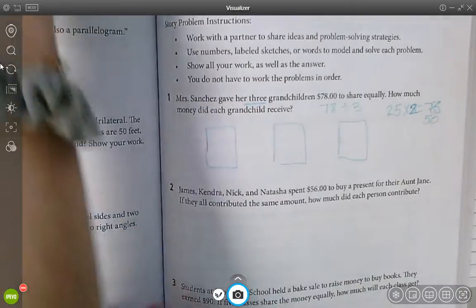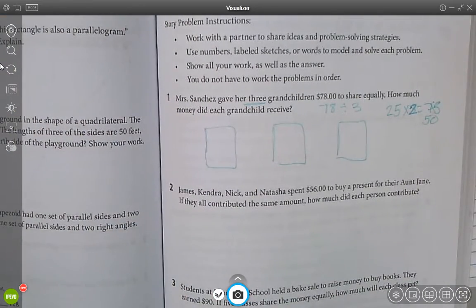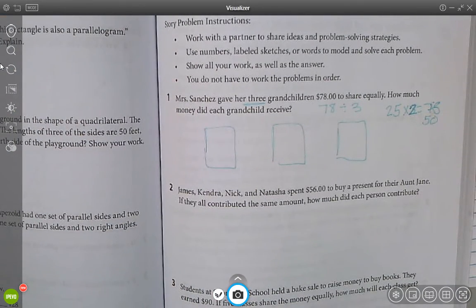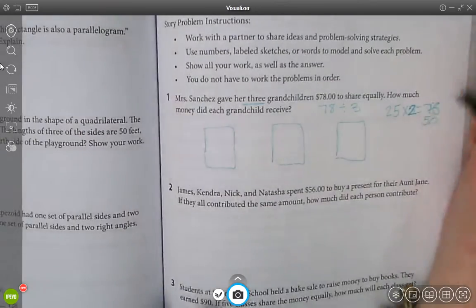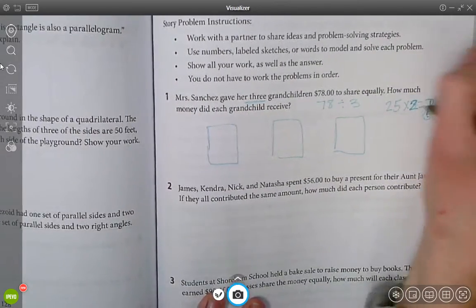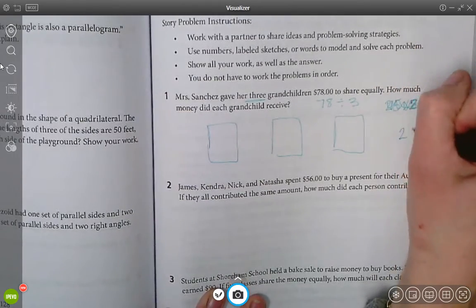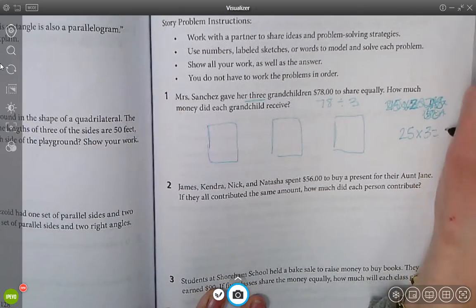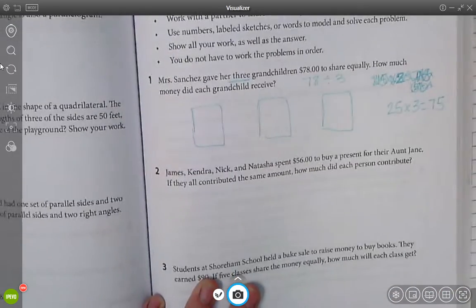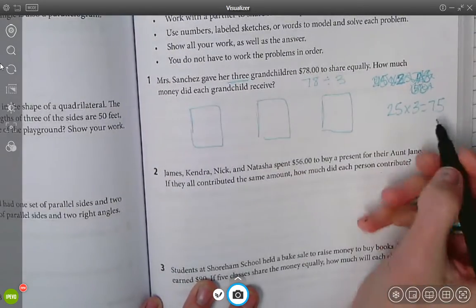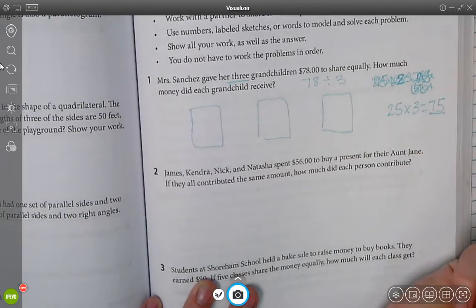Why am I blanking so much on this? Yeah, I was right. I don't know what I was thinking. So sorry, guys. So 25 times 3, I second guessed myself. That's okay. So 25 times 3 is 75, right? So if they each got $25, I know I would have 75.